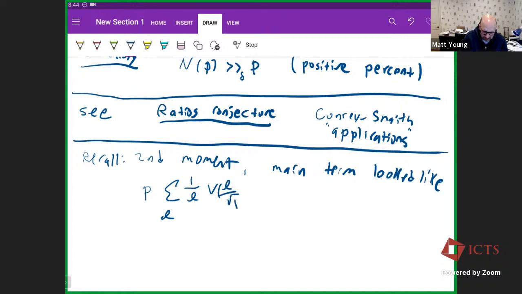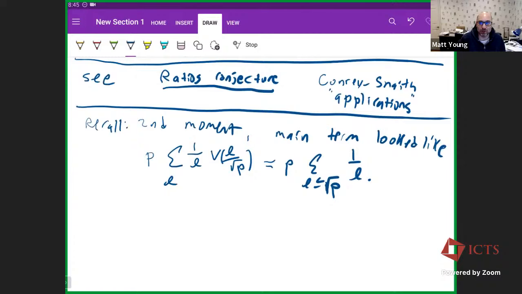Maybe L went up to root P, or some power of P, and that's not very important. You want to think of this as a partial sum of the harmonic series, and that's where the log came from. So the log P came from the harmonic series.